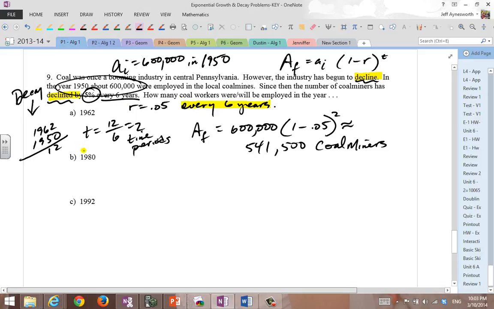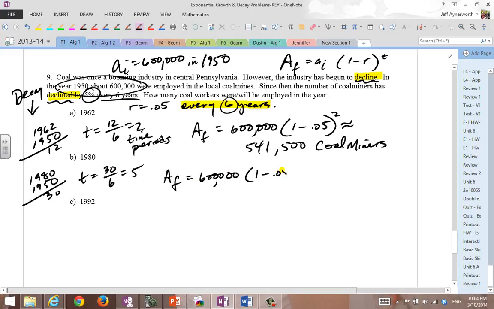Okay. Now on this next one here, how many years have gone past from 1950 to 1980? And the obvious answer is 30 years. So in this case, we take 30 divided by, again, every 6 years. Right here, there's a key number here. 30 divided by 6. There's 5 time periods. So in this case, my future amount is my initial 600,000 times 1 minus 0.05 to the 5th power now.